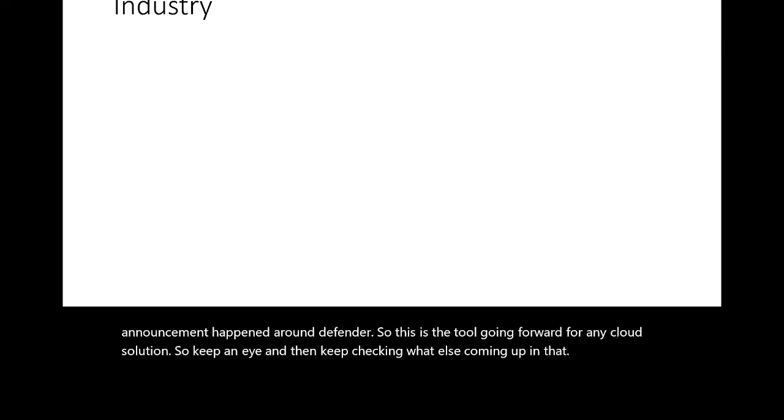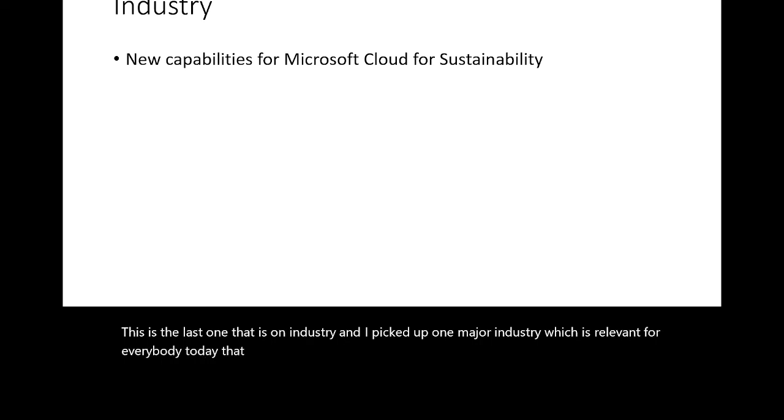This is the last one that is on industry, and I picked one major industry which is relevant for everybody today. That is Microsoft Cloud for Sustainability. It's a new feature, and it's now generally available, which includes an extended data model for Scope 3.